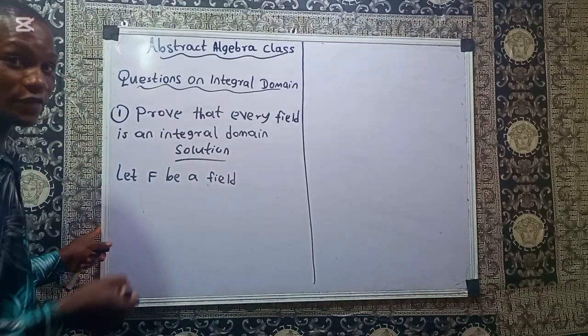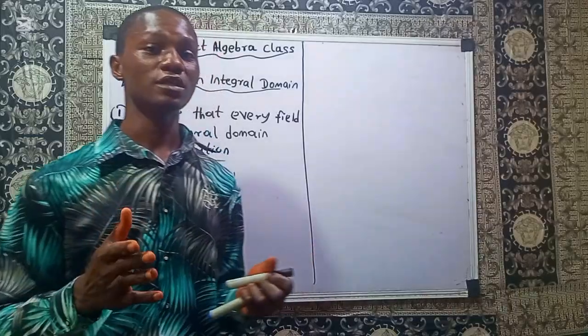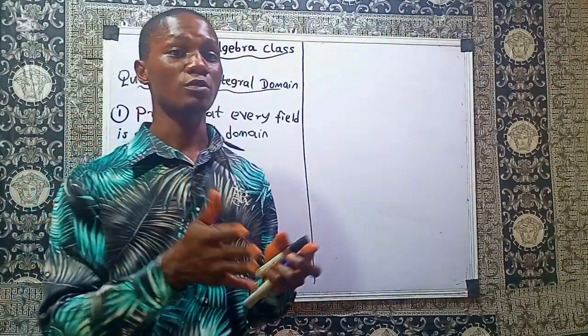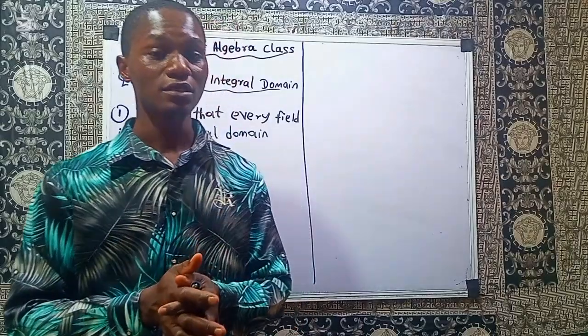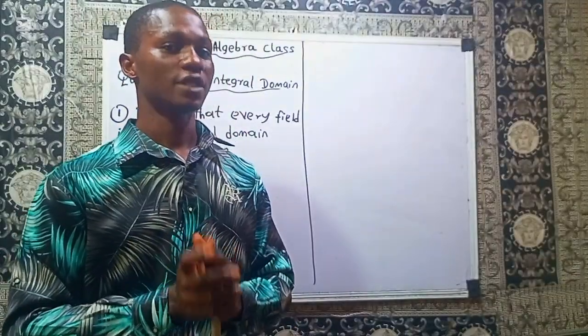If F is a field, we know the definition of a field. A field is actually a ring. It is a commutative ring with identity in which every non-zero element has a multiplicative inverse.